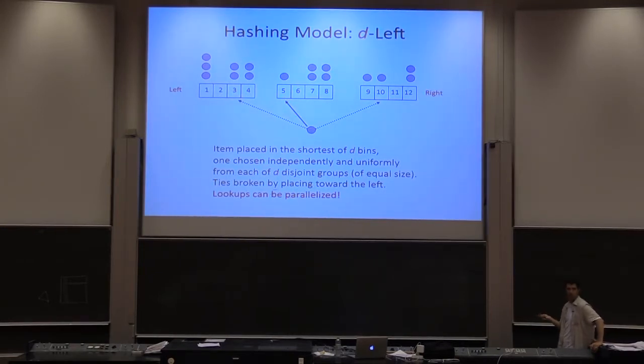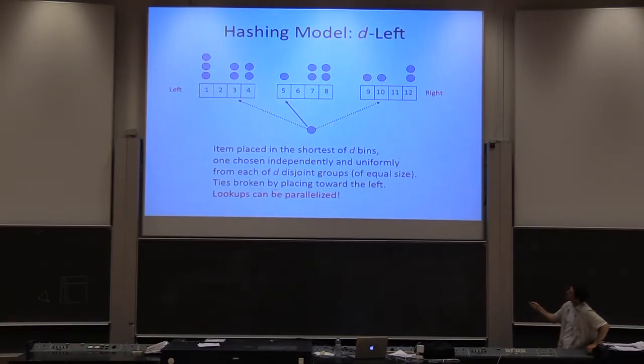But there's this question of what to do when there's a tie. Normally when we have d choices and we put things in the least loaded, if there's a tie, we would just pick one randomly, or you could break the ties in any arbitrary fashion when you're using a single hash table, and it wouldn't matter.